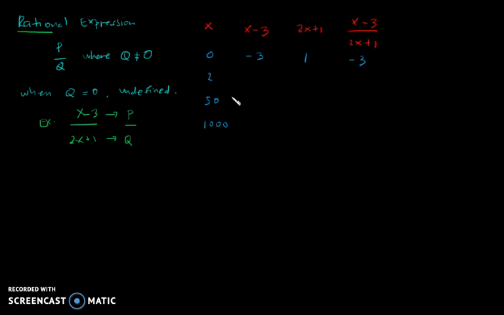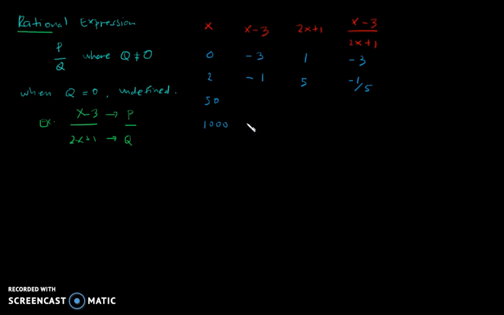Now for x equals 2, 2 minus 3 is negative 1, and 2 times 2 is 4, plus 1 is 5. So that would be negative 1 over 5.